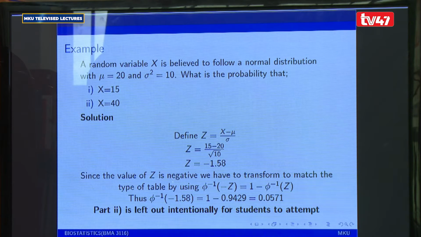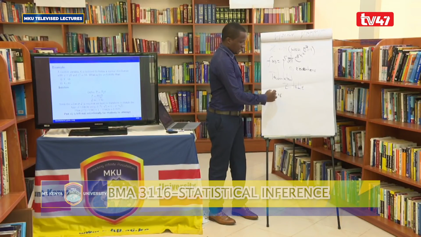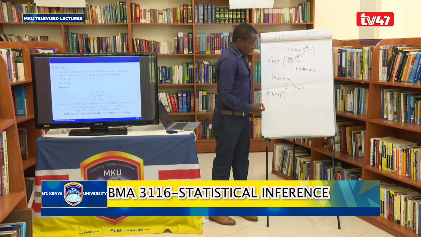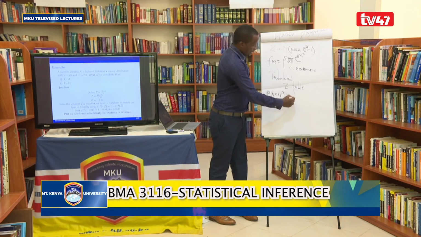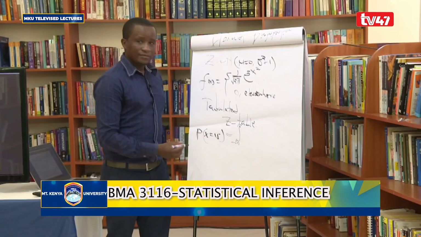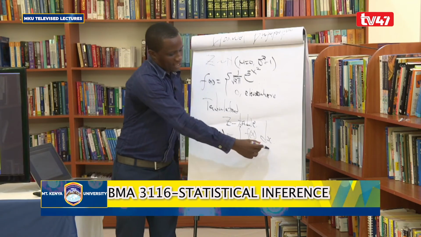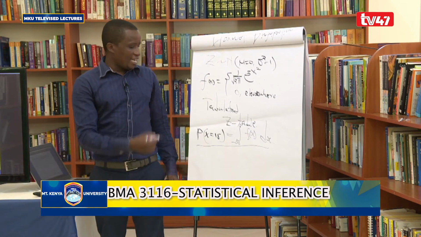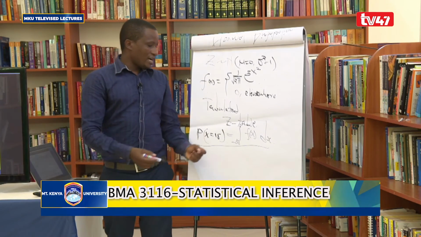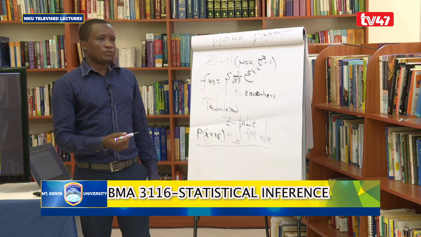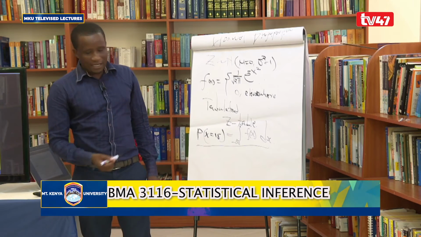Usually, we would look for the probability of x equals 15 by integrating from negative infinity to 15 of f of x, in which f of x is the original distribution defined for the normal. That is 1 over square root of 2 pi sigma squared, exponential negative 1 over 2 sigma squared, x minus mu squared.